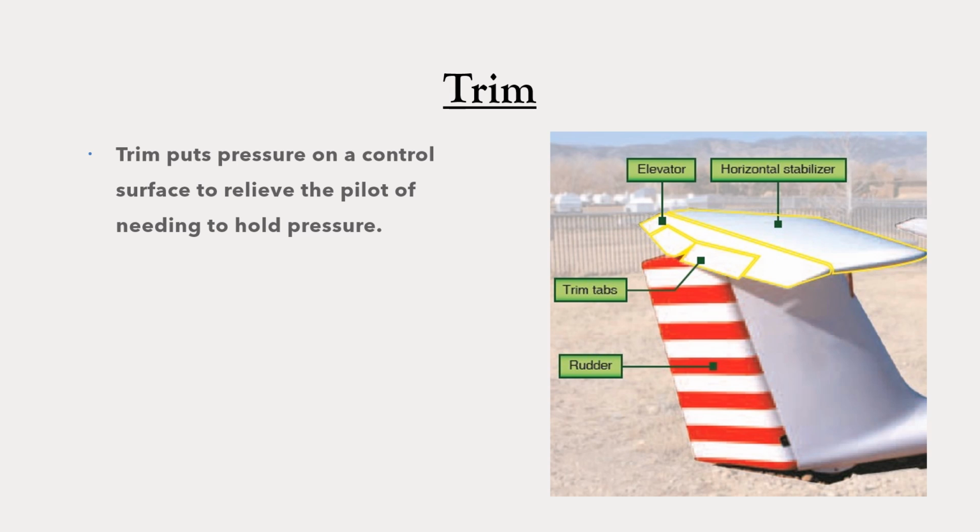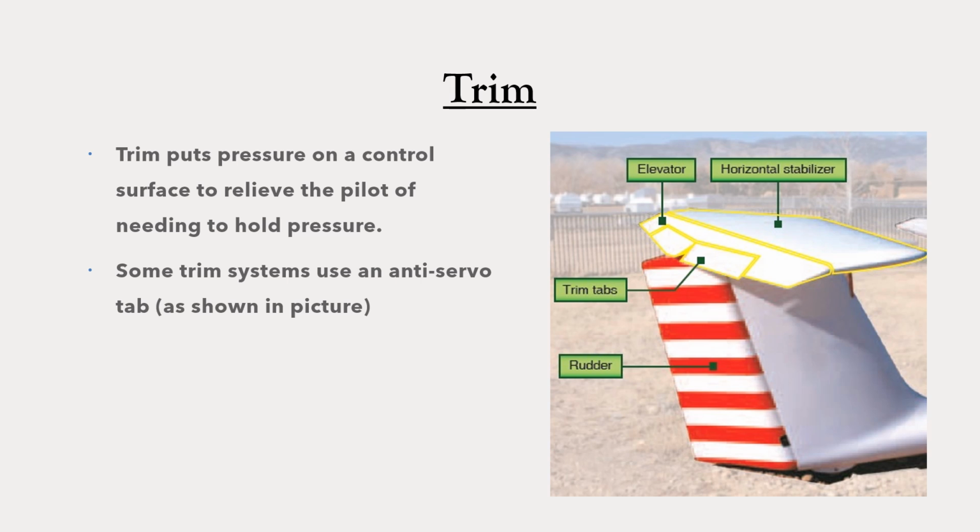Typically the only axis that we worry about trim for is the pitch axis. I know of some airplanes that also have rudder trim, although even in airplanes that's not super common. But almost all airplanes and gliders will have pitch trim.